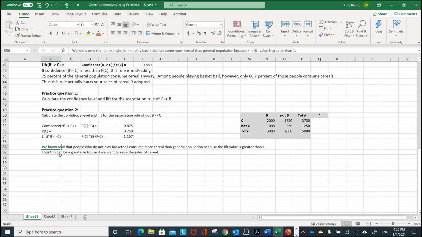Okay, so this can be a good rule to use if you want to raise the sales of cereal. Any rules where the lift is less than 1, probably not a good idea to choose. Okay, all right.